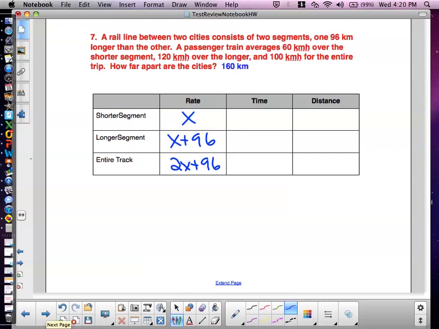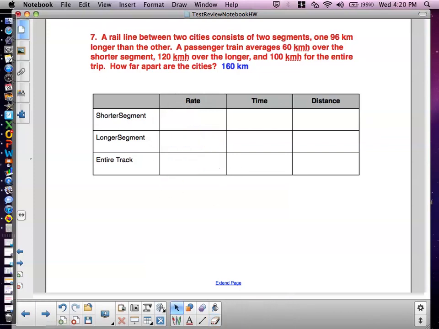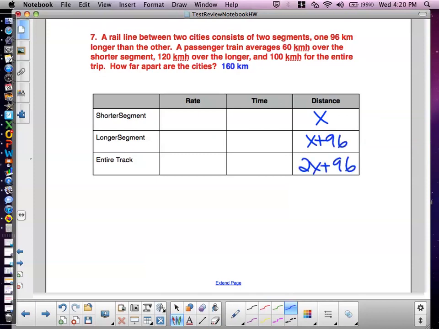Time is not mentioned, but rates are. I put my distances in the wrong column. Okay, now my rates. My rate over the shorter segment is 60. My rate over the longer segment is 120. And my rate over the entire track is 100.